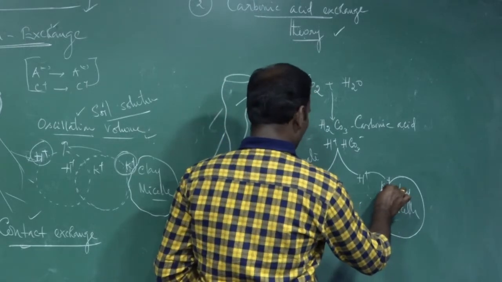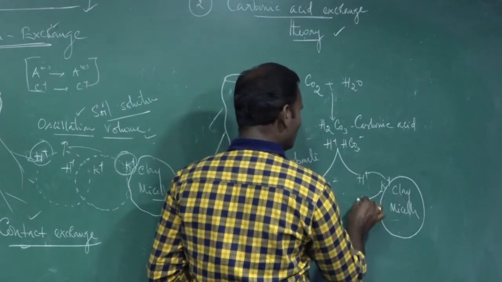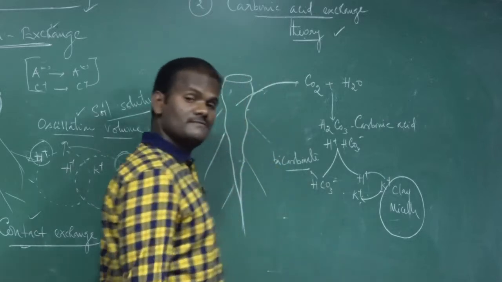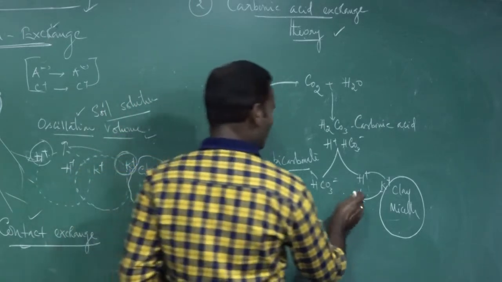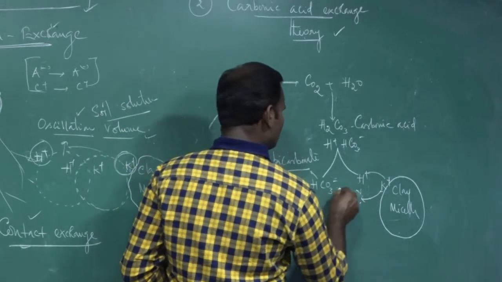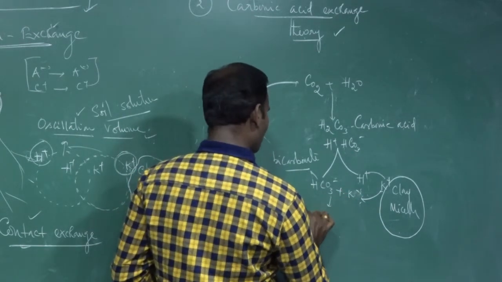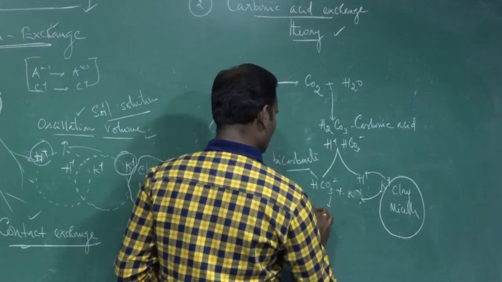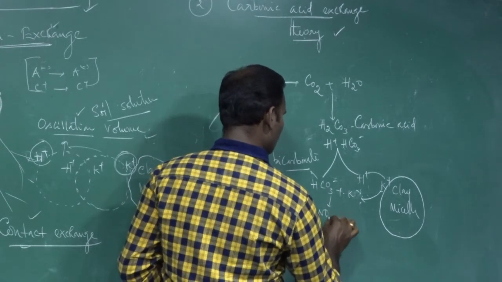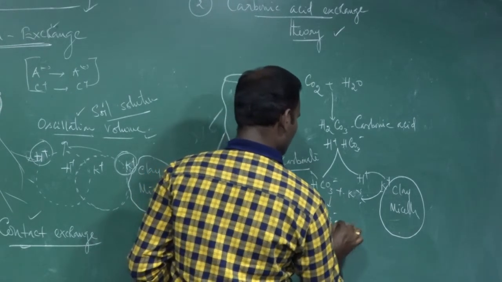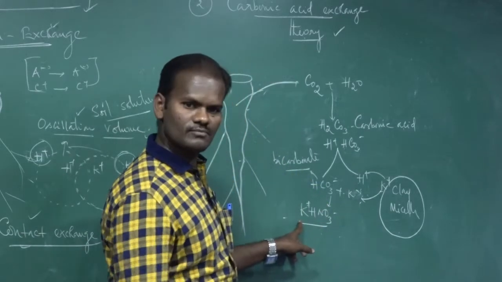As a result, these potassium ions are released into the soil solution. Now these potassium ions combine with bicarbonate to form potassium bicarbonate, K plus and HCO3 minus. Both are opposite charged.